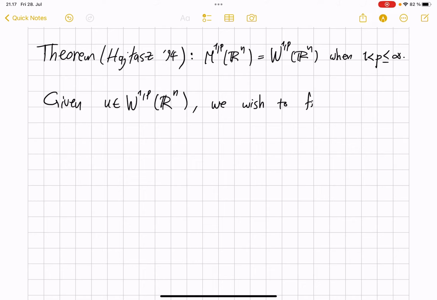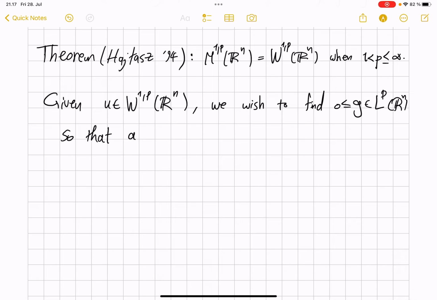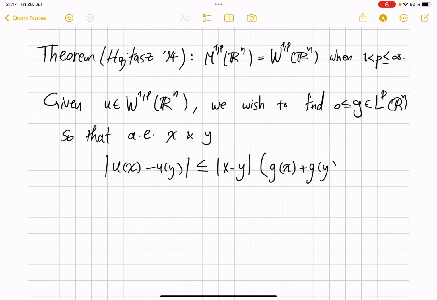So we wish to find a non-negative L^p integrable function g on R^n for which the pointwise inequality holds, so that for almost every x and y, |u(x) minus u(y)| is less than or equal to the distance in Euclidean space, which is just the norm of x minus y, times g(x) plus g(y).